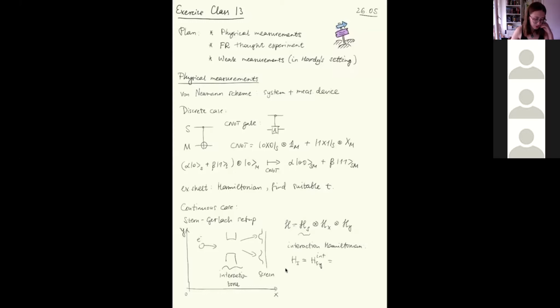So yeah, then we can write this interaction Hamiltonian as just a coupling of the Z operator in the spin degree of freedom, then nothing on X, and Y, the position operator in the y direction.